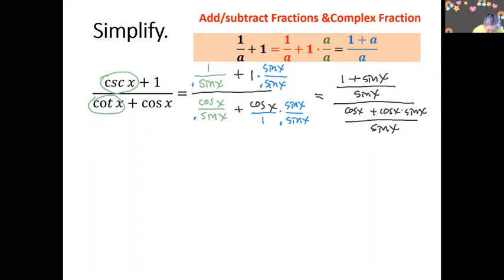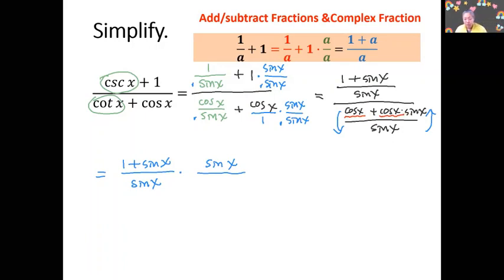The next step, I can rewrite 1 plus sine x over sine x from the top. Then I have to flip the denominator fraction, so it's going to be sine x. Notice the new denominator has cosine and cosine from both terms.